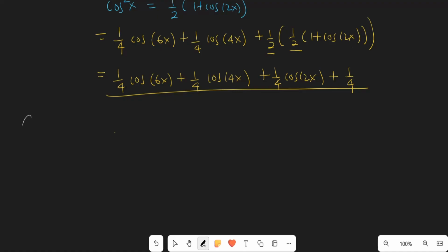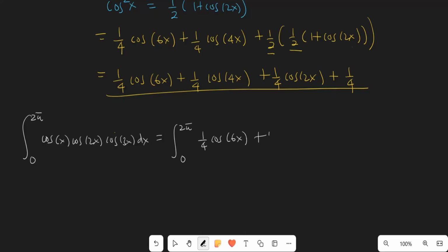So the integral from 0 to 2 pi of cosine of x cosine of 2x cosine of 3x dx is the same as the integral from 0 to 2 pi of 1/4 cosine of 6x plus 1/4 cosine of 4x plus 1/4 cosine of 2x plus 1/4, all this dx.